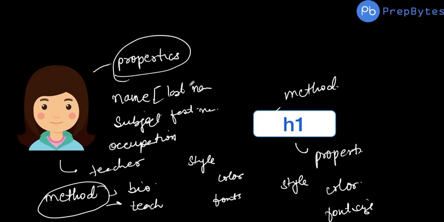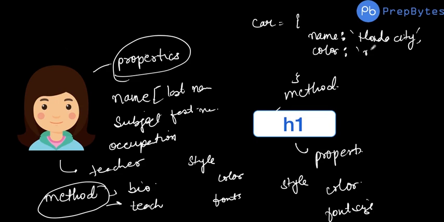One more thing you need to understand is that if I create an object, let's say car, it will have properties like that. Let's say we put name, and I put Honda City. So this is one property, and let's say there's another property, color. Let's say the color is red.